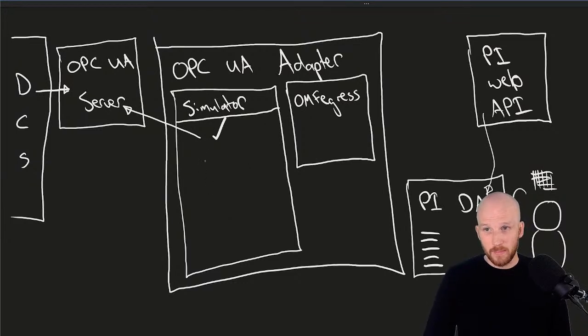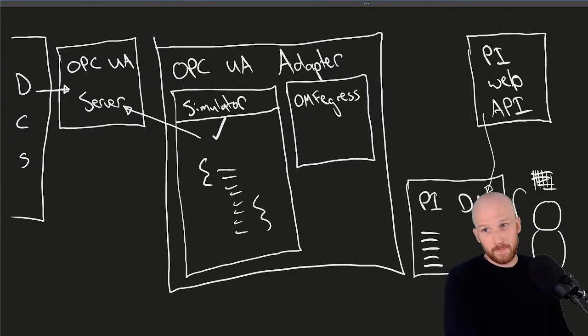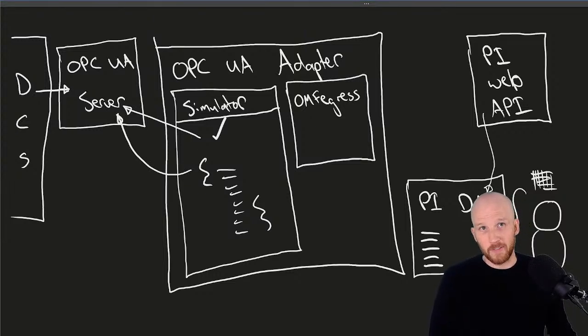So we're going to say, okay, simulator component, go and connect to your OPC UA server and do a search for tags on the OPC UA server and gather up a big list of tags. And then export it to a file, basically, is what we're going to do. So let's go and do that. A discovery is this action: go and grab a list of tags. So let's see how to configure that.